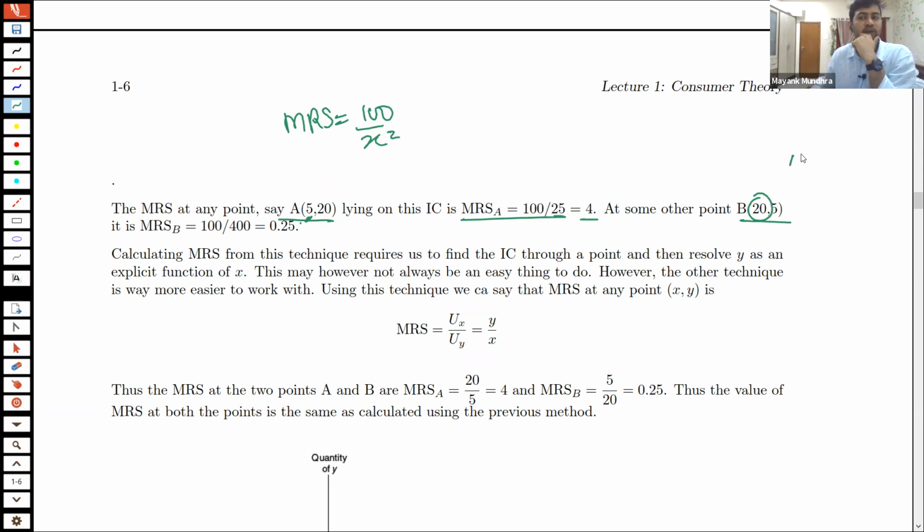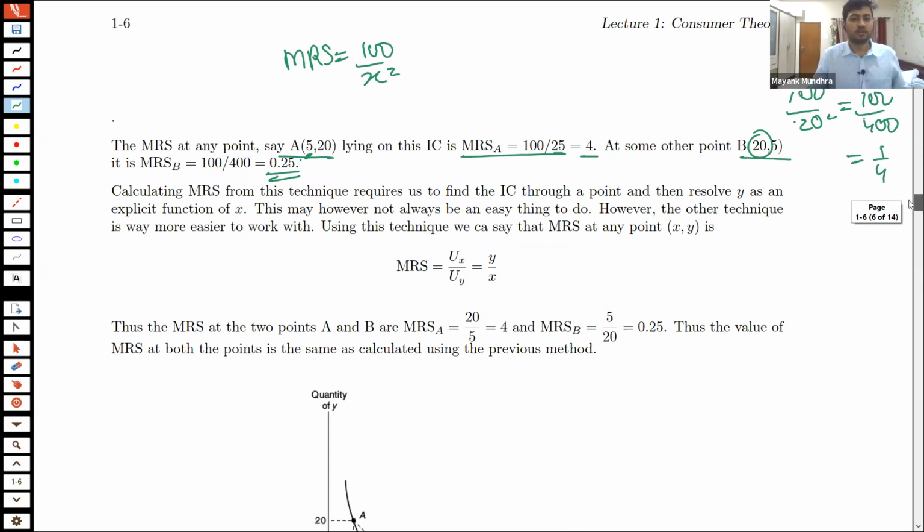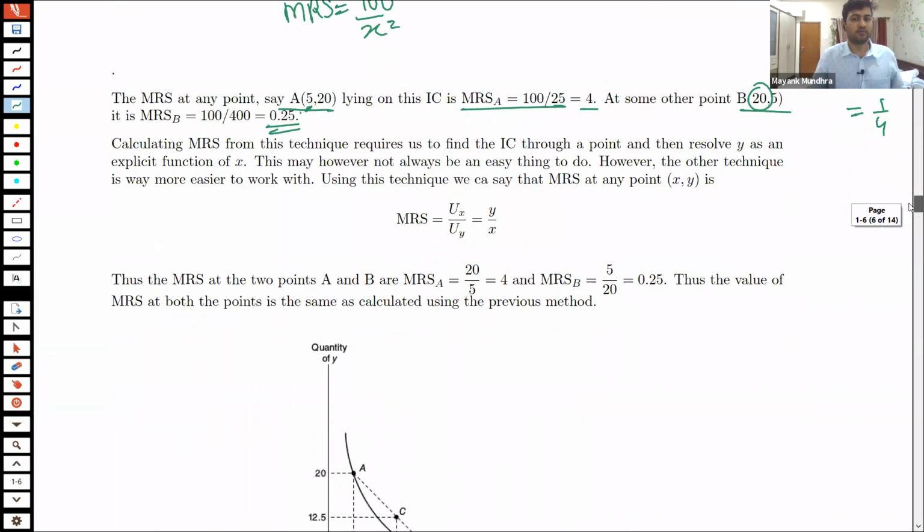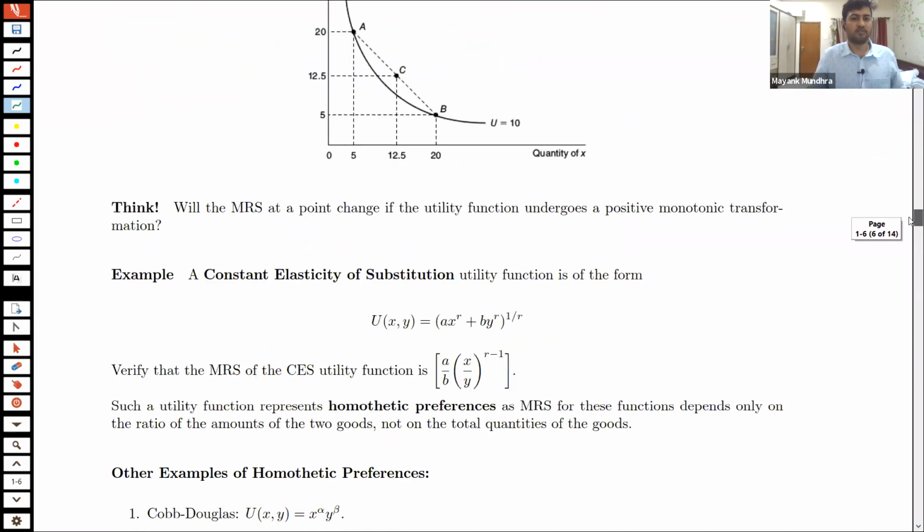So 100 by 20 square will be equal to 100 by 400. So that is equal to 1 by 4. So that is how we can find MRS using this technique as 4 and 1 by 4.